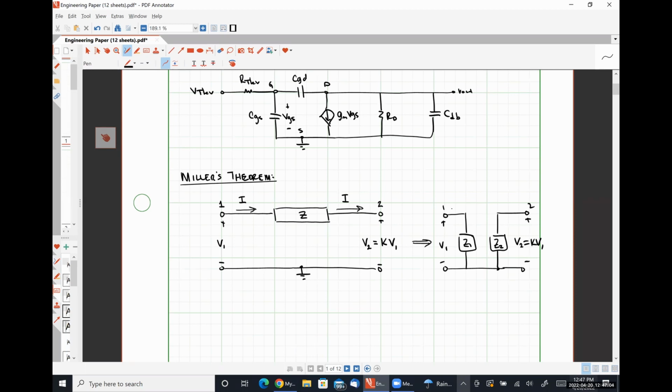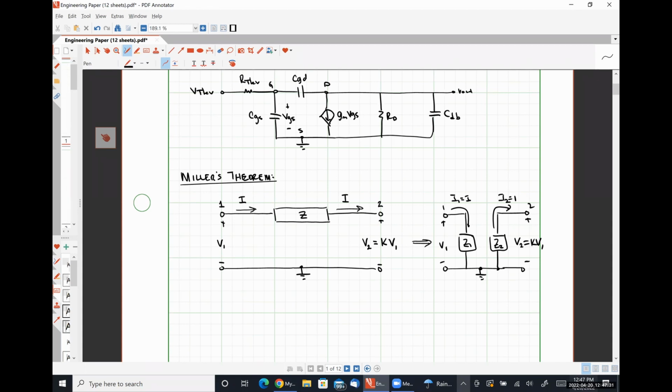And we have a current I1 that's equal to I, and we have a current I2 that's equal to I. So we're effectively learning how to perform this transformation where we can split that floating impedance up into two impedances, one connected on the input side and one connected on the output side, okay?